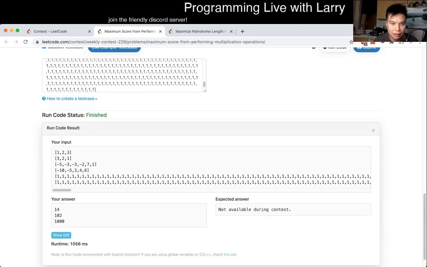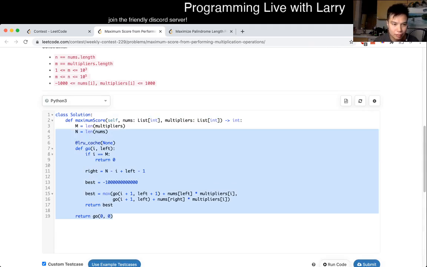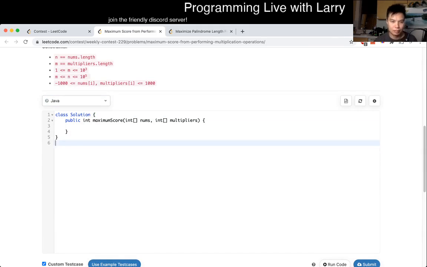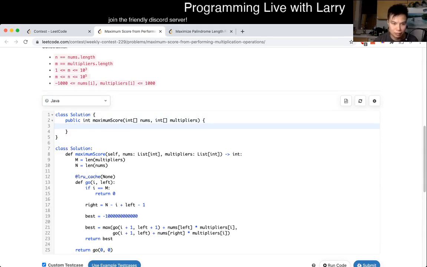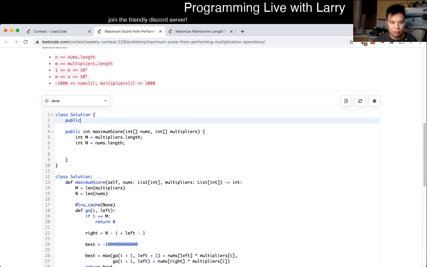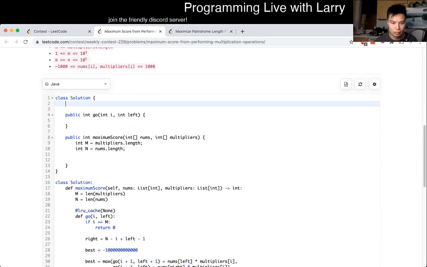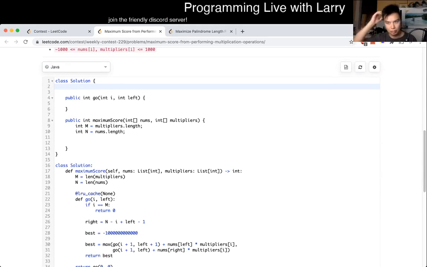I mean, it takes a second, but this is n squared, so I don't know that you can do better. I actually don't know how to do a hash table in Java. Maybe I'll do it in C++.